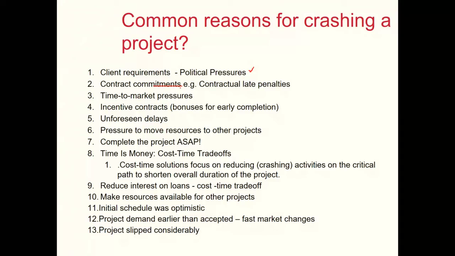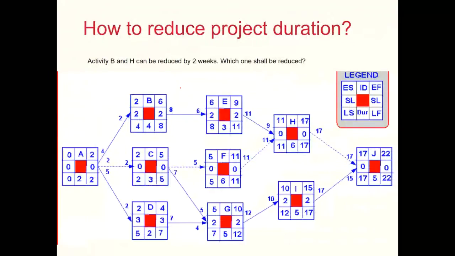Or there could be time to market pressures. Very often the supermarkets would like to open to tap into the Christmas shoppers, for instance, or there could be incentive contracts such as bonuses for early completions, or unforeseen delays. So there could be a whole host of reasons why we would need to crash or reduce our project.